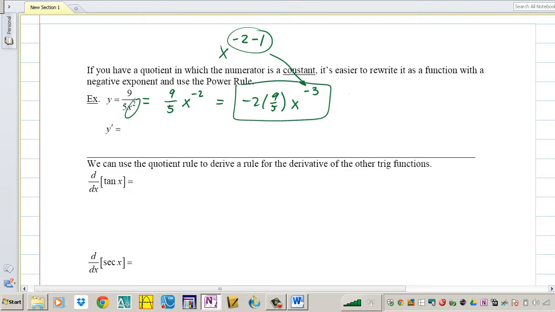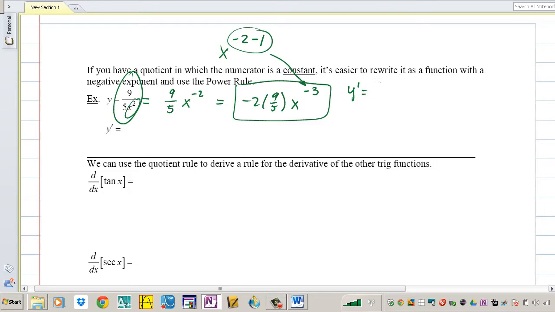Now, you could use the quotient rule, but it would be very redundant. It's only easier to use the quotient rule when you have functions of x, or higher degree of x, or trig on the top and the bottom. In other words, this could easily just be the power rule. But let me show you by the quotient rule.